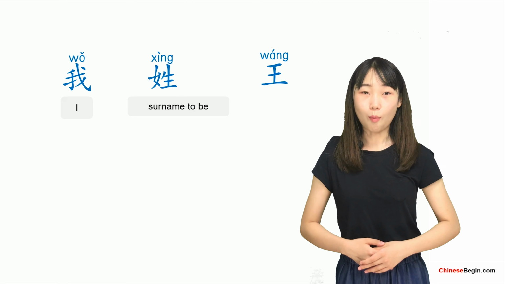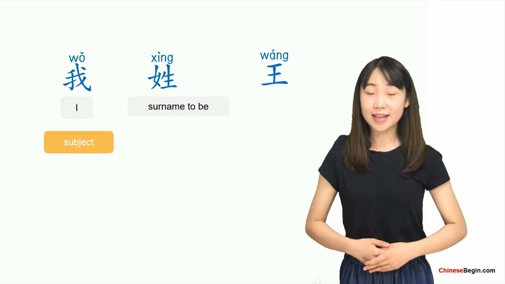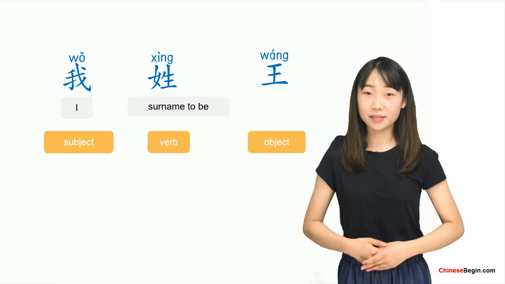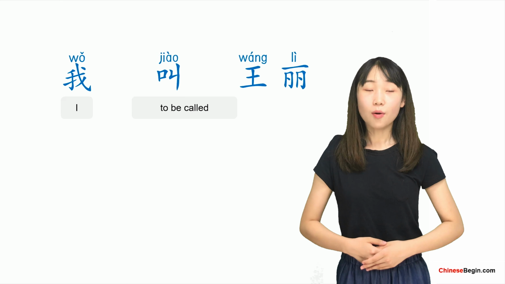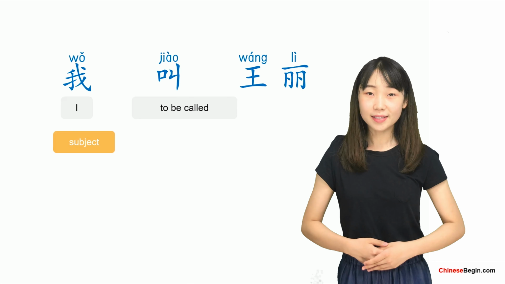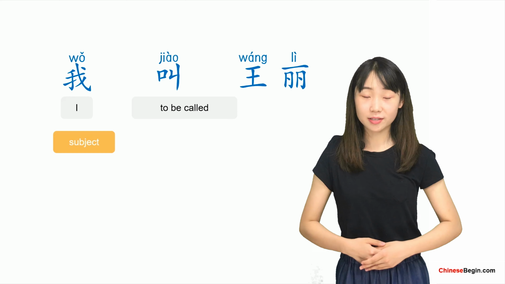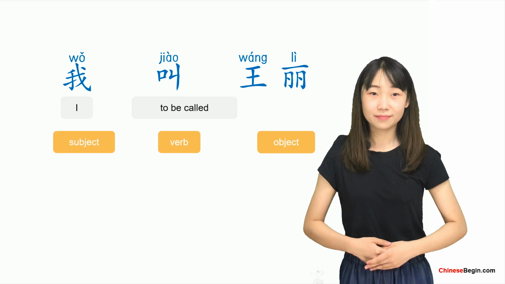我姓王. In this sentence, 我 is a subject. 姓 acts as a verb. Wang is an object. And 我叫王丽. Similarly, in this sentence, 我 is the subject, 叫 also is a verb. 王丽 here is an object.